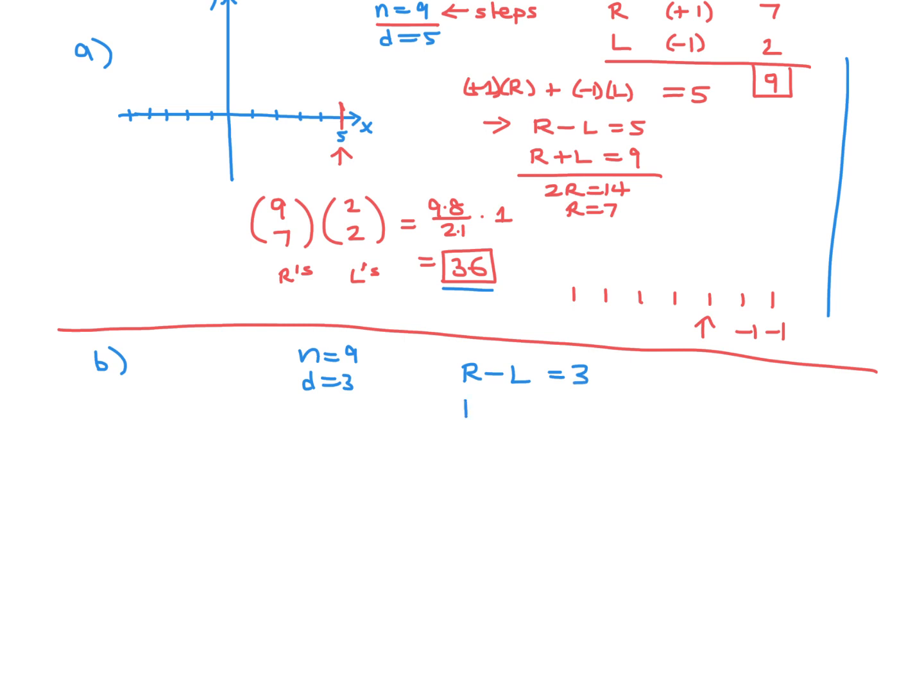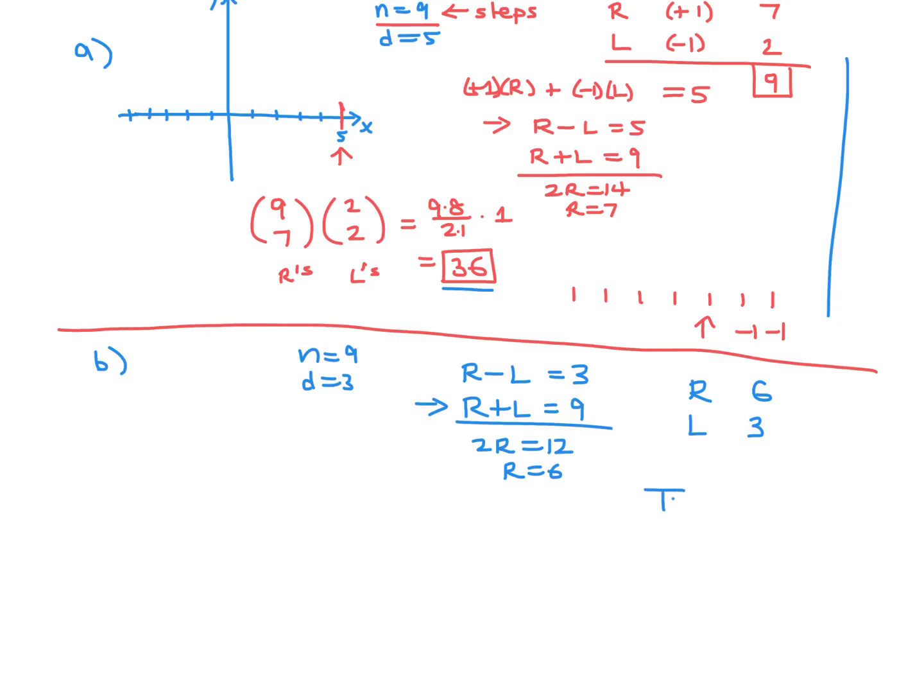And then the total number of steps, which is r plus L here, is 9. So if I add them, 2r would be 12, so therefore r is 6. So r this time is 6, and then L therefore would be 3. You can just get that by subbing r equals 6 into either of those.